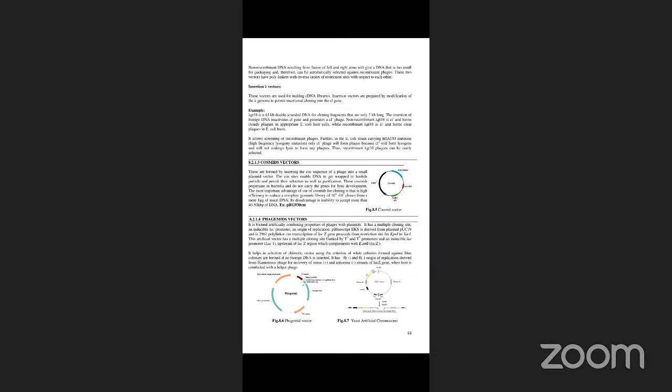Now the non-recombinant DNA resulting from the fusion of left and right arms will give DNA which is small, and they will be selected for the recombinant phages.